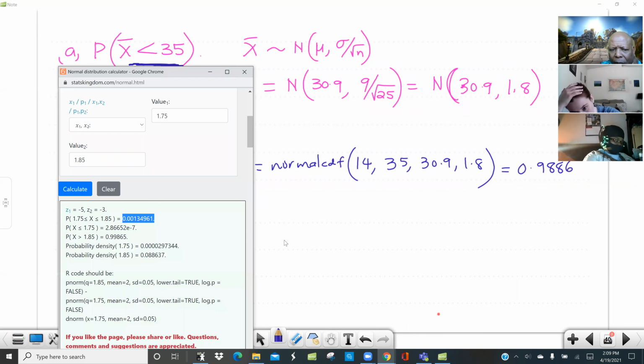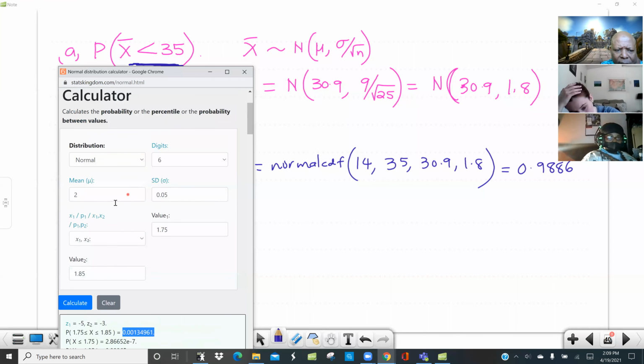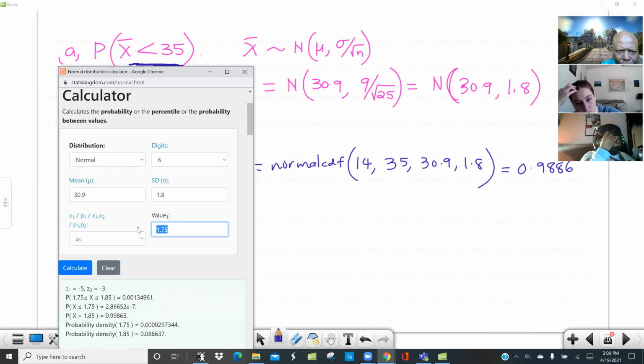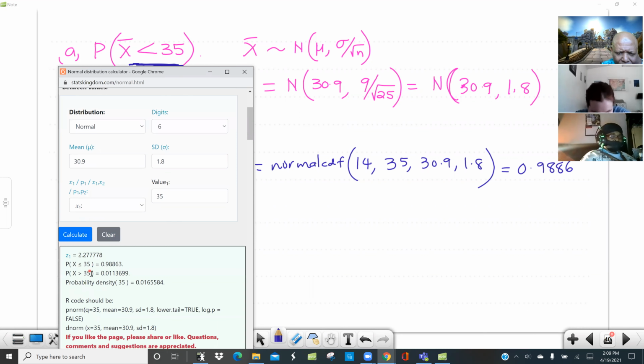So go to the normal calculator, update the mean and the standard deviation 1.8. You want to go to the left, you pick the first option, put a 35 here and say, okay, what is it? 0.9886. So 98%, about 99% of all groups of 25.